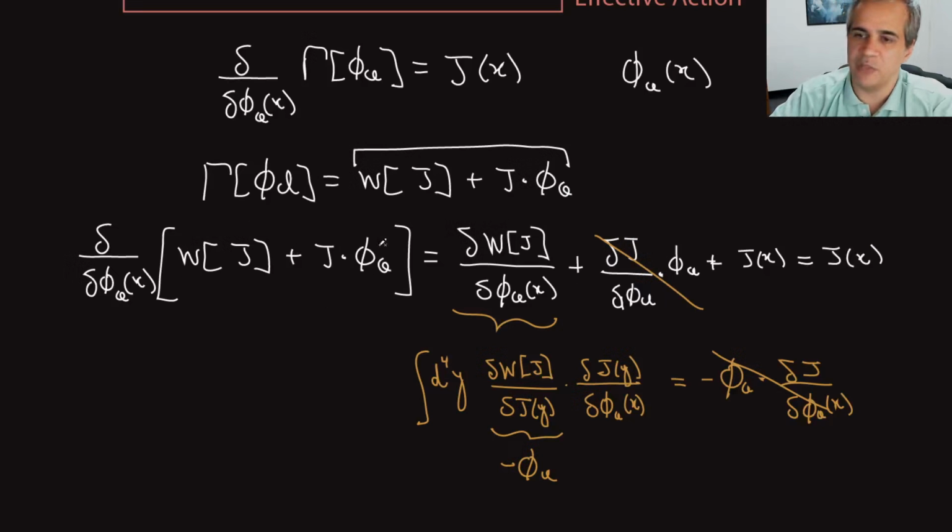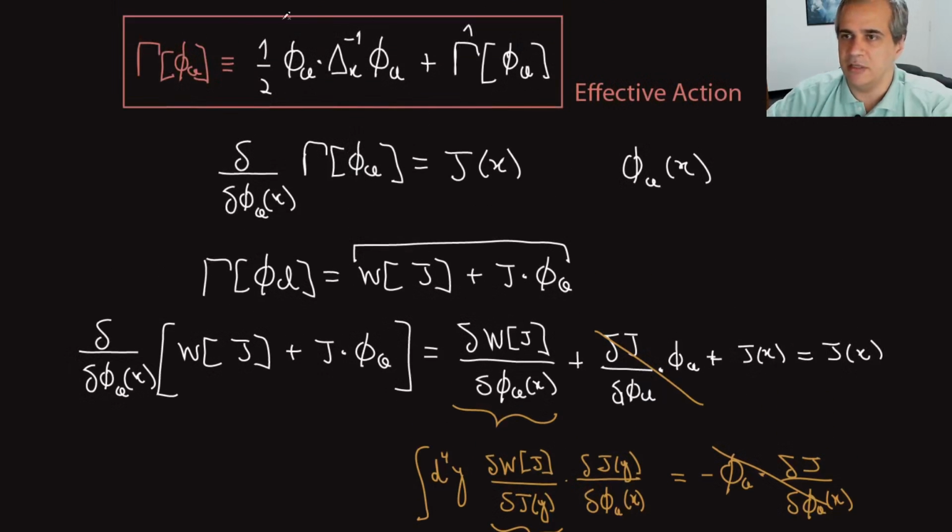So I have shown that this also satisfies this equation. So I can identify the two definitions. Here I used this definition, here I use the Legendre transform, and at most they differ by something that is zero when differentiated by phi classical, so I can take that constant to be zero and be done with that. So I have shown that another way to obtain this is through this Legendre transform.